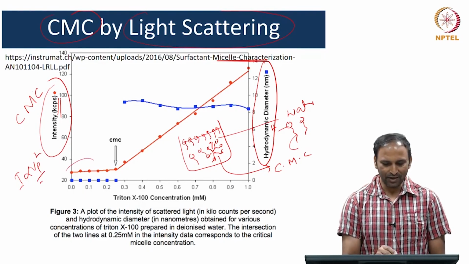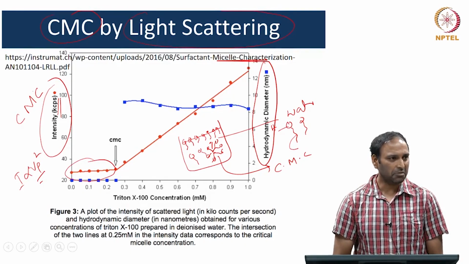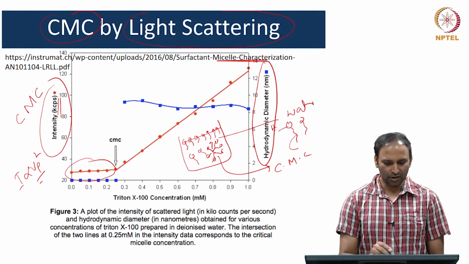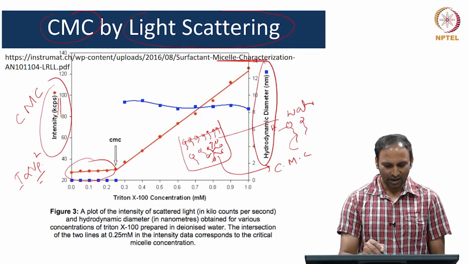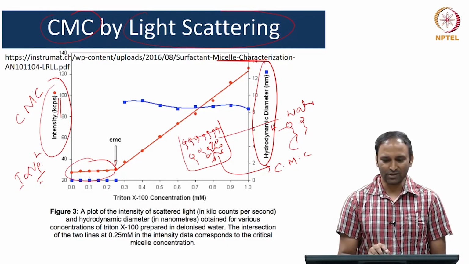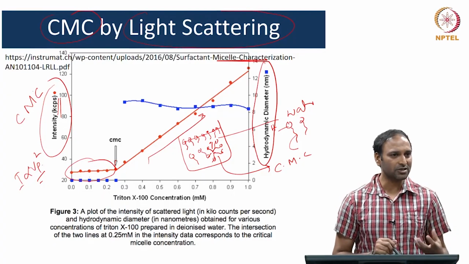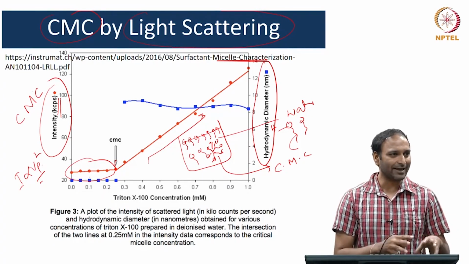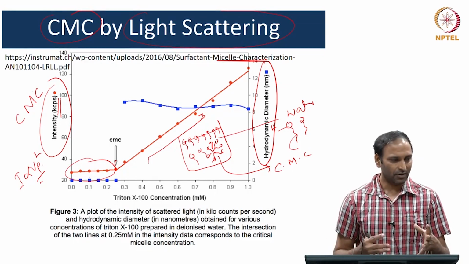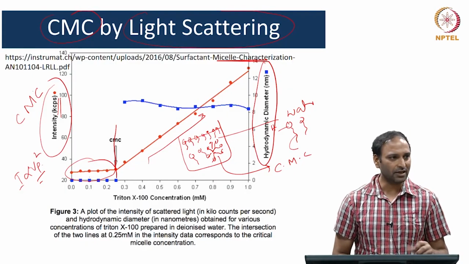Initially you have only monomers or small aggregates, so you do not have any scattering or very little scattering, but at a particular location you see that the scattering increases. This could be because of the change in the size from small aggregates to a micelle. So that point you could think about as a CMC.